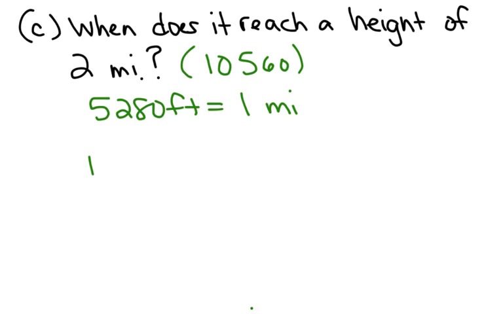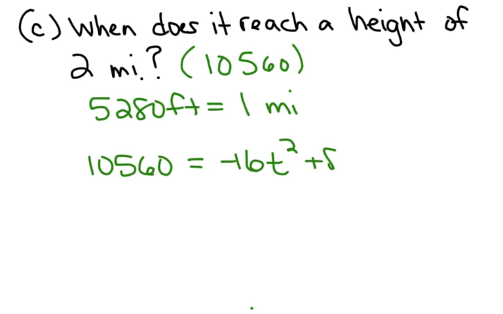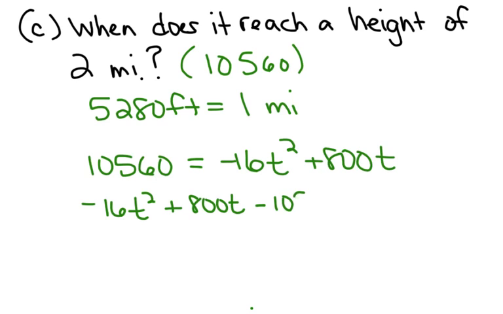So we're going to do 10,560 is equal to negative 16t squared plus 800t. And again, I prefer doing this using the quadratic formula. So what I'm going to do is I'm going to do negative 16t squared plus 800t minus 10,560 equals 0.